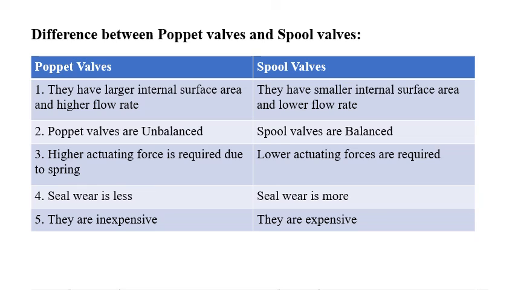In poppet valves, back pressure can open the valve if the supply pressure is removed. Hence, poppet valves are not a good choice for holding pressure downstream. Spool valves can be used to lock a pressure downstream. That is the main comparison between poppet valves and spool valves. Thank you.